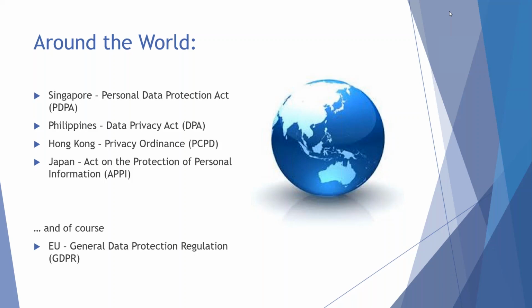We then have, of course, one of the more pervasive regulations, which is coming through from the EU, the General Data Protection Regulation, or GDPR as it's known. This is quite far-reaching, not just in its geographic reach, being applicable to most nations within Europe, but also for those organisations doing business within Europe.